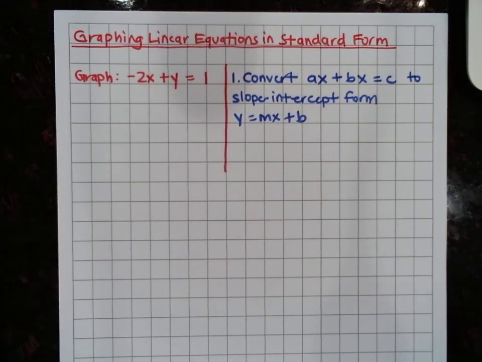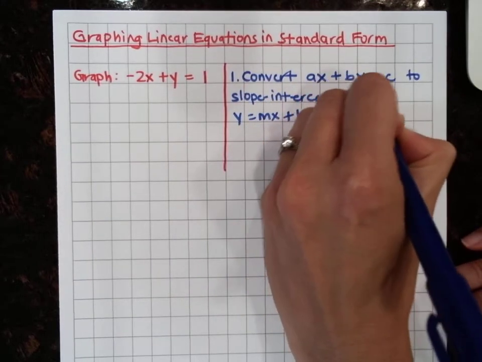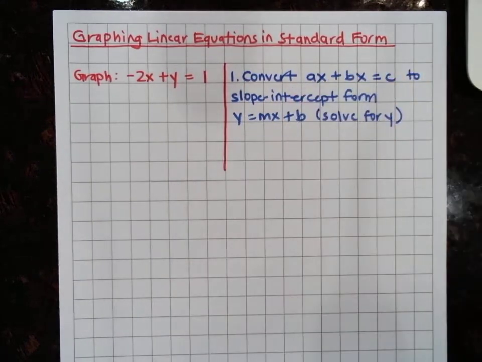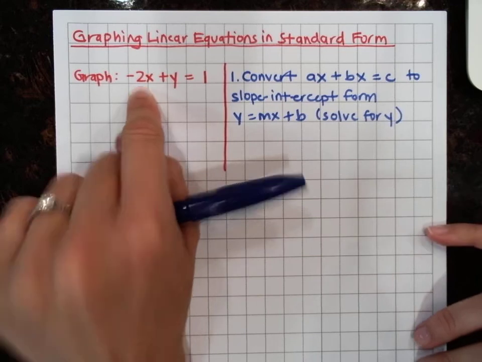How do we do that? We are going to solve for y. That solving equations unit you did is going to come in handy for this unit. So we need to get y all by itself, which means we need to get rid of this negative 2x.